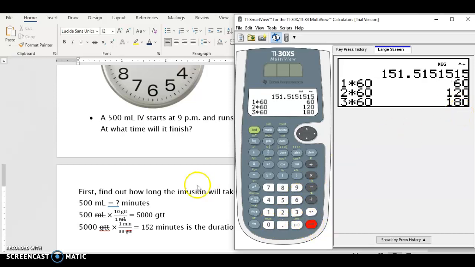The question is, how many times will 60 go into 152? It can't go 3 times because 3 times 60 is 180, which is too big. It'll definitely go 2 times, because 2 times 60 is 120. So it's basically 2 hours and change.